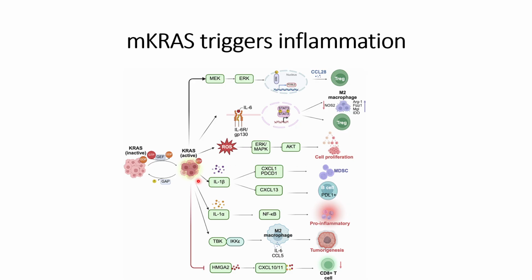In terms of the cytokines, it will release IL-1 beta, and this IL-1 beta can cause upregulation of CXCL1 and PDCD1, and that will help in trafficking MDSCs to the site of the tumors. The MDSC's role is to suppress the immune response.